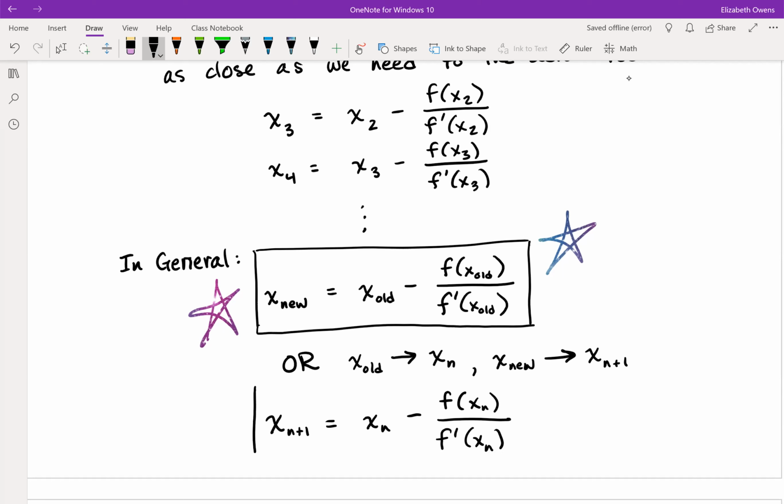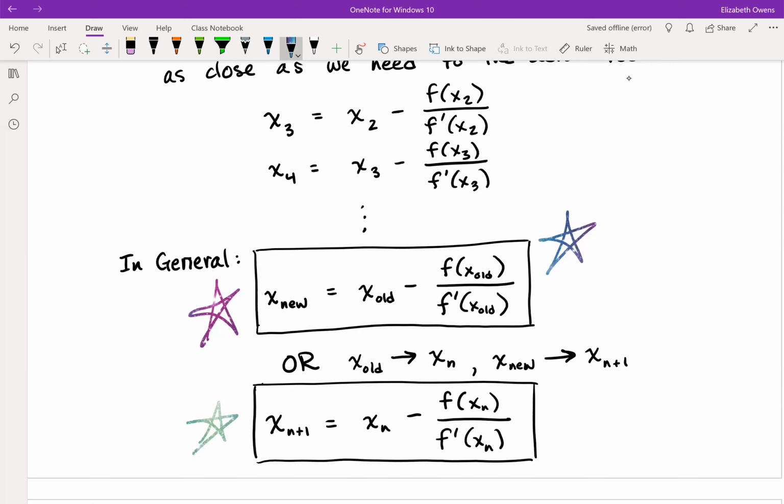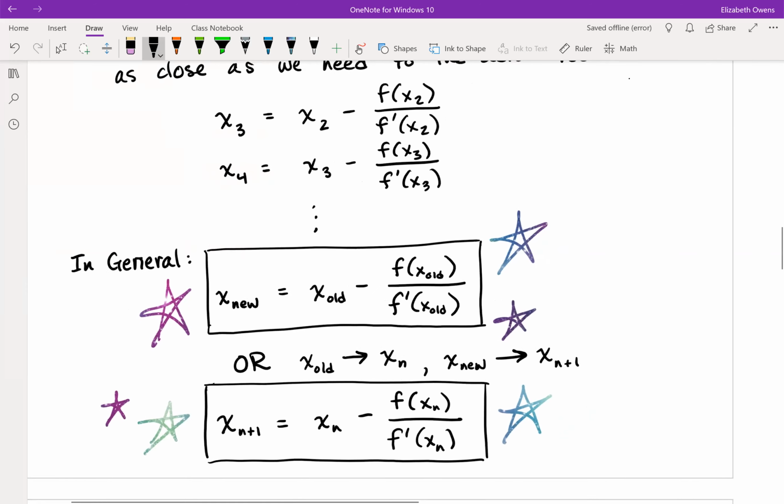So it's the exact same formula, just written in a different way, since we don't always use words on our little subscripts in math. So these two formulas, these are both ways of writing Newton's method. Now, this lower version, I'd say, is the more mathematically common one. The top version just makes it a little more intuitive.